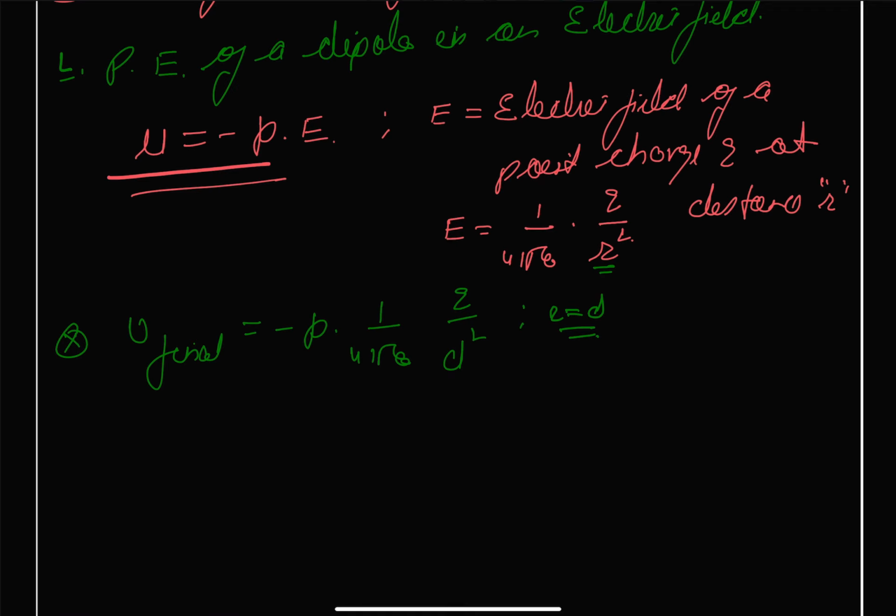And the U initial, we can assume that the dipole is very far away, so its initial energy is equal to 0. So we can say U initial is equal to 0. And here we assume that potential is 0 at infinity.